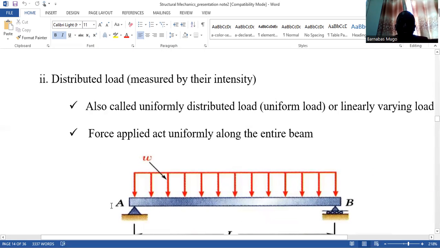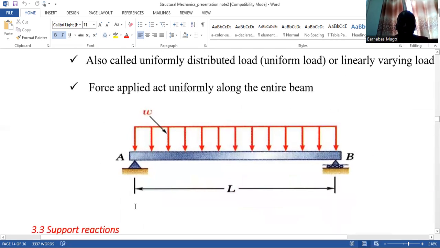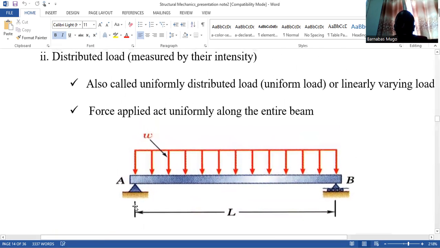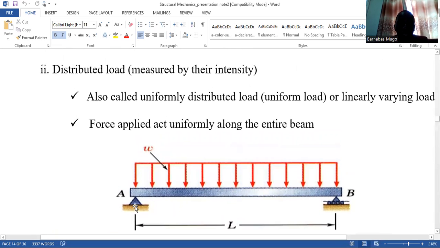Then I have this other type of loading. This is a simply supported beam AB of length L, and a load of W Newton per millimeter is applied. So the weight is uniformly distributed.